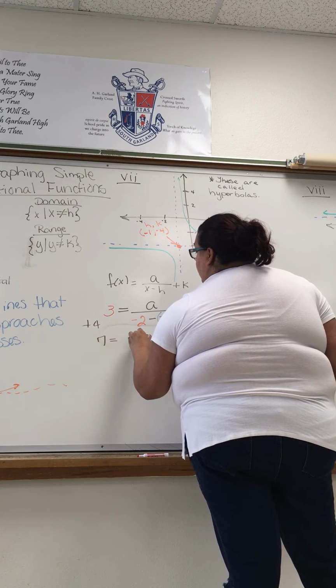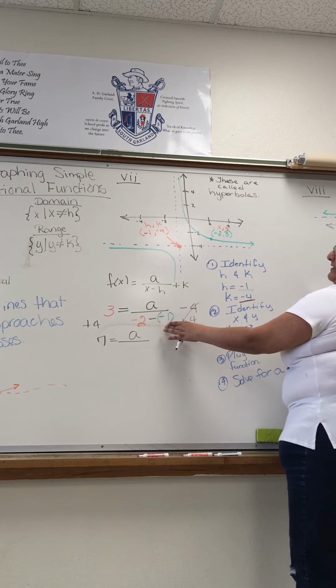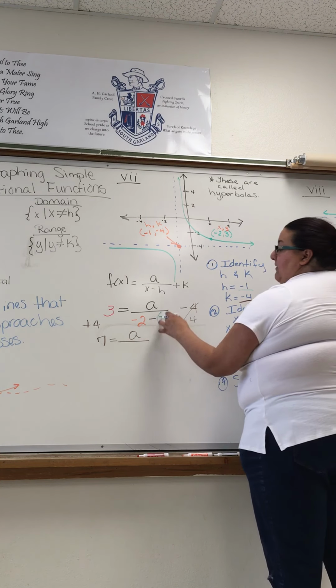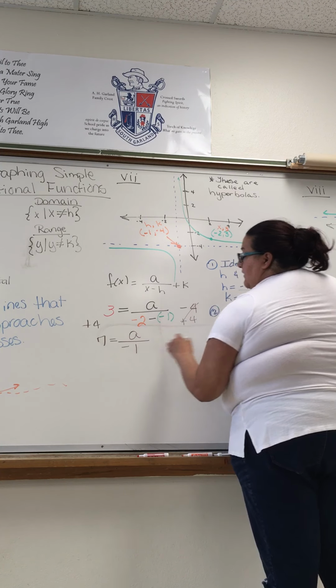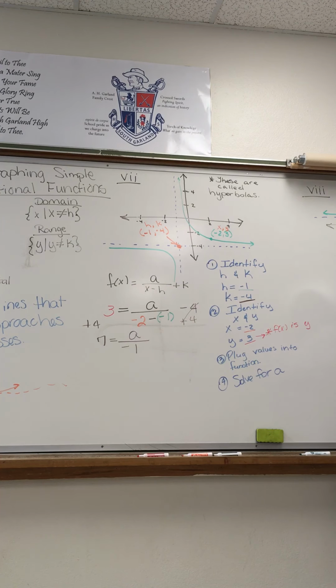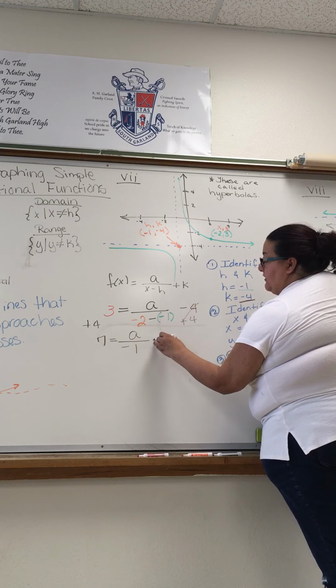And that equals to a divided by -2 minus -1. This becomes a positive, so -2 plus 1 is -1. And you type that exactly in your calculator and you will get -1. And then the last thing you want to do is you're going to go ahead and multiply the -1 to both sides to get rid of it.